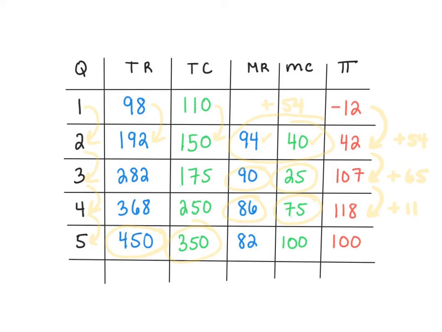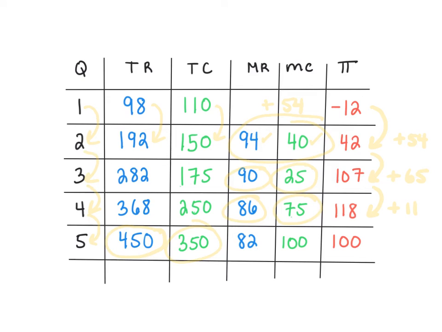So sometimes people think, well, that sounds like a good deal. The firm should produce the fifth unit because it will earn $450 in revenue, which is more than the $350 cost that it will incur.